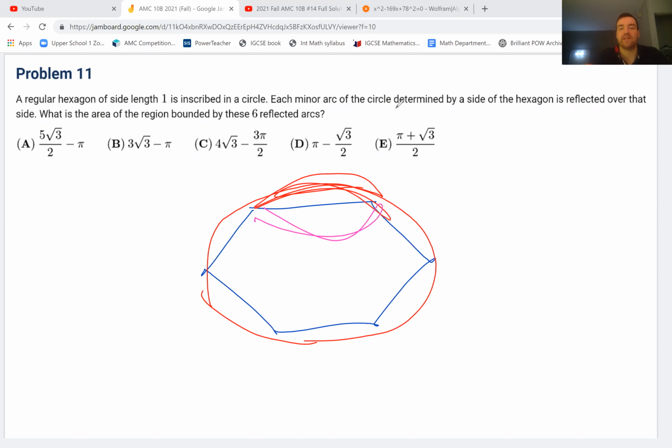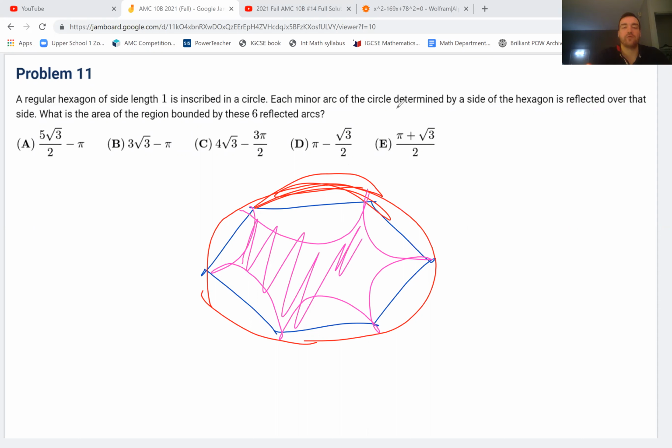So it's going to go in like this, like that. And then the same thing with this one and this one and this one and this one and this one. And what the question wants is the inside area in between all the little arcs.